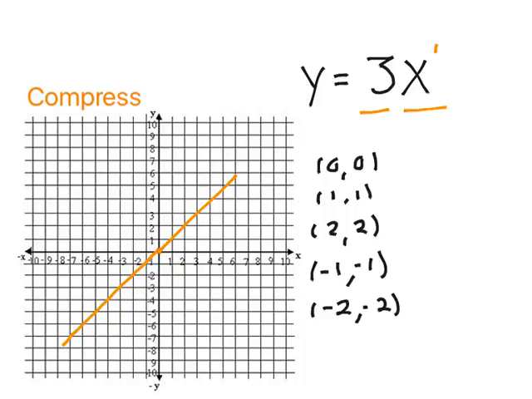In this type of transformation, what we'll do is make the function stretch. We'll make it thinner. But how will we do that? Well, we'll multiply all the y's times the 3 over here.